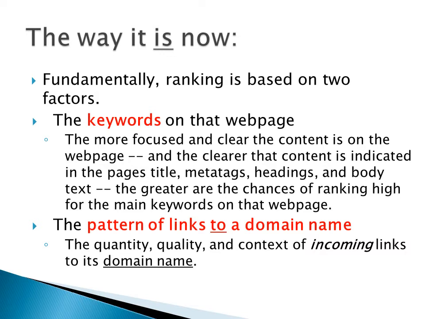So fundamentally, ranking is based on two factors. Remember these: the keywords on a web page, and the more focused and clear the content is, the greater the chances of ranking high, and then the pattern of incoming links. And Google looks at the quantity, the quality, we'll explain what that means, and the context, we'll explain what that means too, of incoming links to a domain name.